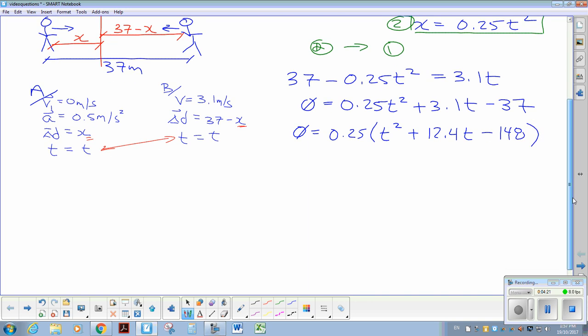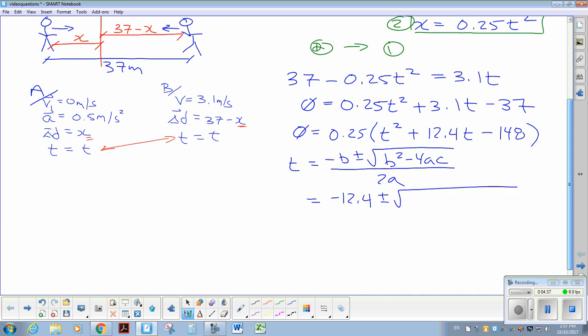So our formula, if you forget it: t equals negative b plus or minus the square root of b squared minus 4ac, all over 2a. So negative 12.4 plus or minus the square root of 12.4 squared minus 4 times 1 times negative 148, all over 2 times 1.